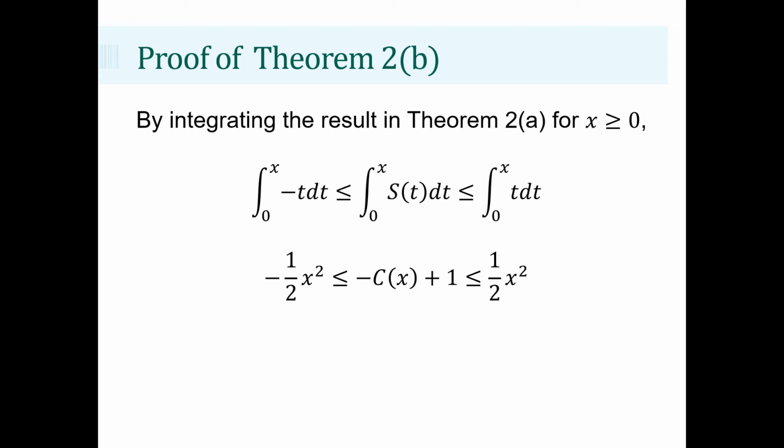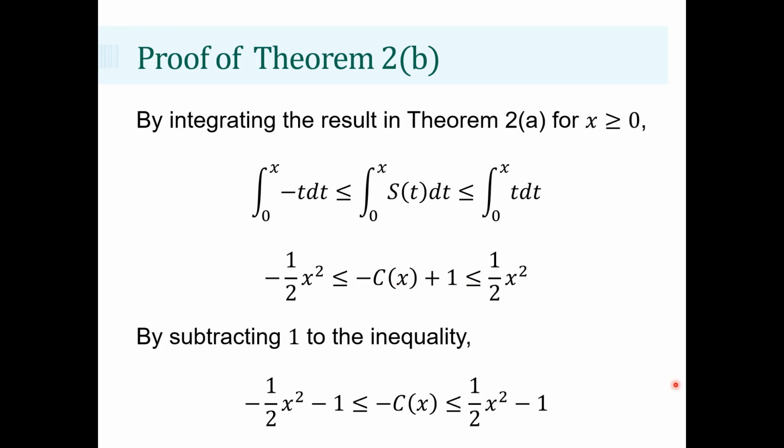Okay. And then, pansinin ninyo, kailangan C of x lang ang maiwan dito sa part na to. So, anong gagawin natin? Kailangan tanggalin natin yung mga kasama niya by first subtracting 1 sa lahat. Okay? So, by subtracting 1 to the inequality, we have negative C of x is greater than or equal to negative 1/2 x squared minus 1, but less than or equal to 1/2 x squared minus 1.